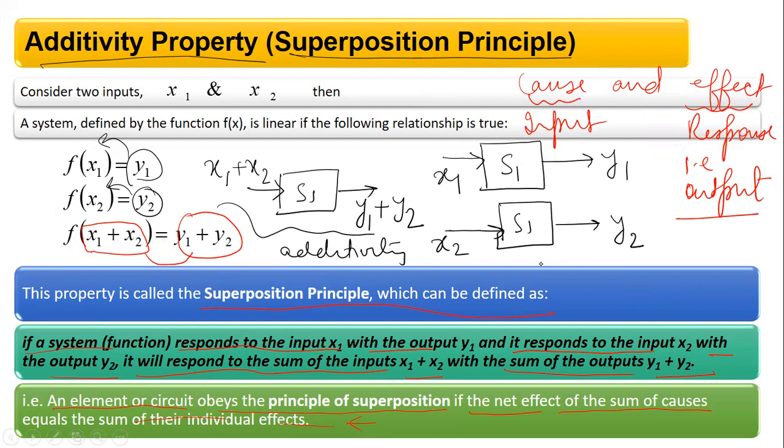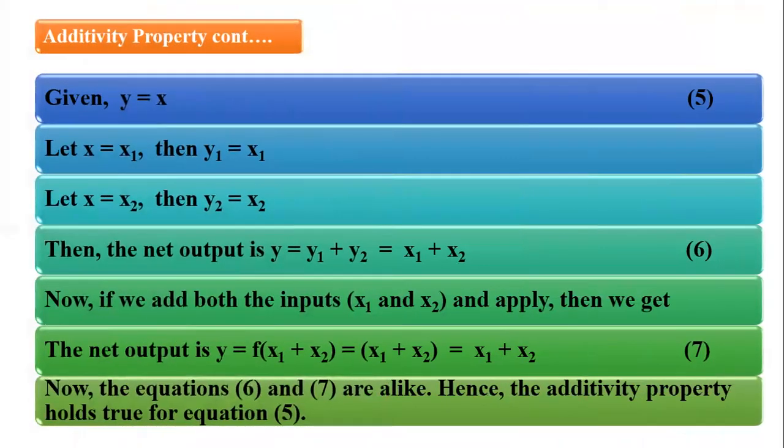Okay, so these two principles are very important and are necessary for any system to be a linear system. The superposition or additivity property has been explained with an example. For example, you have an equation y is equal to x. So let us say x is equal to x1, so you will get y1 is equal to x1 because of this equation. If x is equal to x2, you'll get y2 is equal to x2, right?